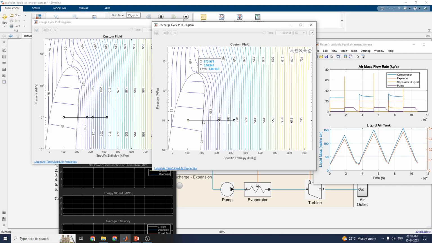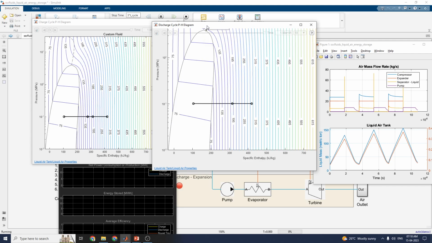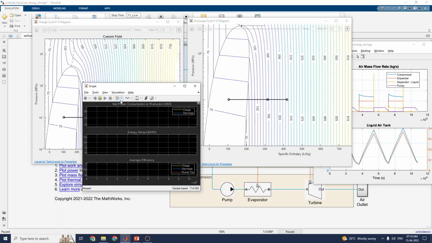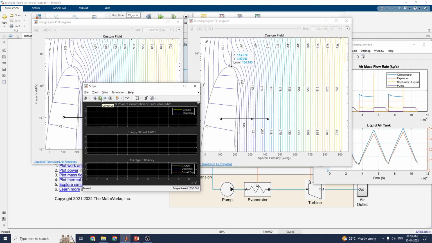Now we can see the discharge cycle and charging cycle output. It starts from the beginning. There are three different cycle temperatures.